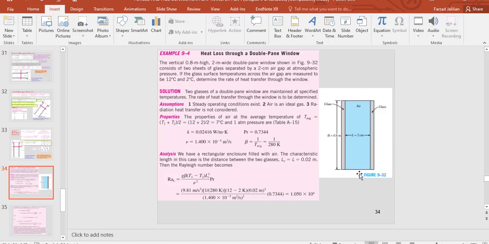This is the double pane window. It has 2 different glasses, and usually air or other gases are between them.